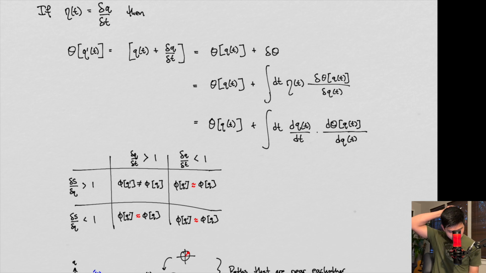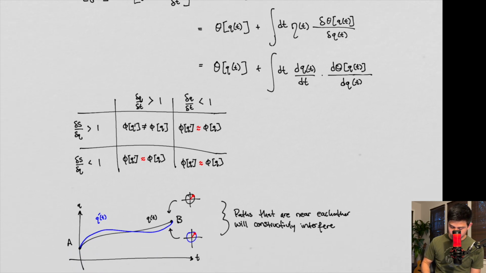So here's where things get a little bit interesting, right? If any one of these guys is small, so if dq dt is small, then the integral is very, very small. Likewise, if this guy here is small, that's right here, then this term is also going to be very small.